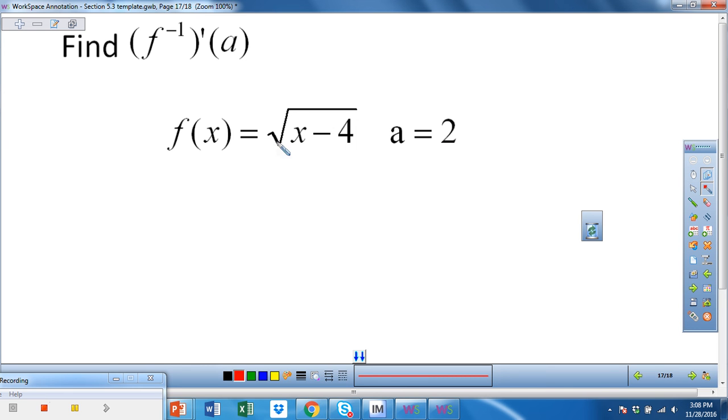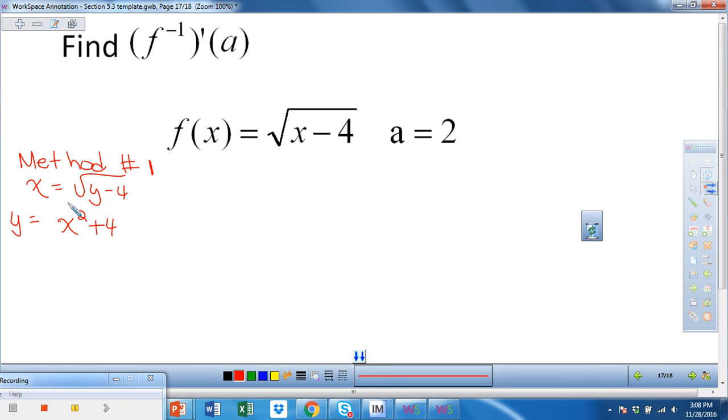So I'm going to use method 1 where I actually find the inverse. The problem with this is just that it doesn't work all the time, but it works on this one, so let's do that. So we get x is equal to the square root of y minus 4. So then y is equal to x squared plus 4. I squared both sides and then I added 4.